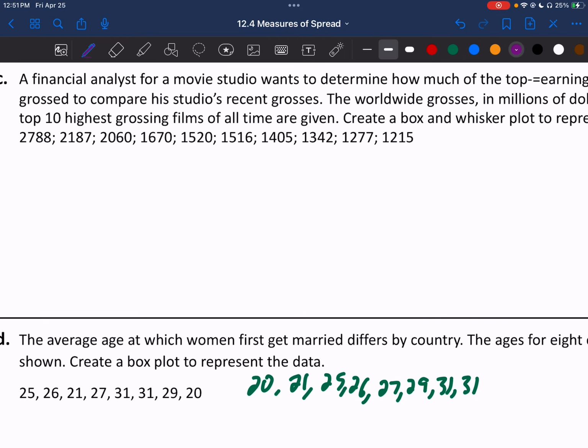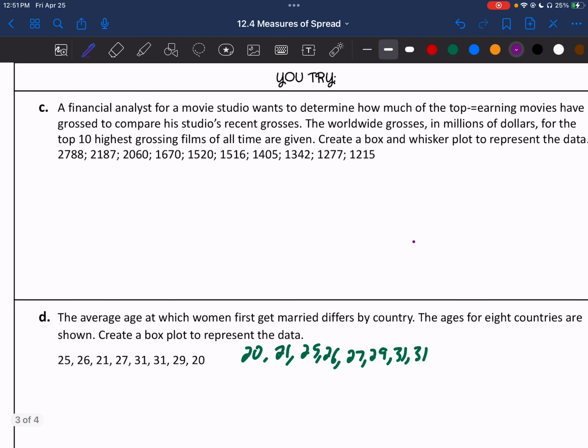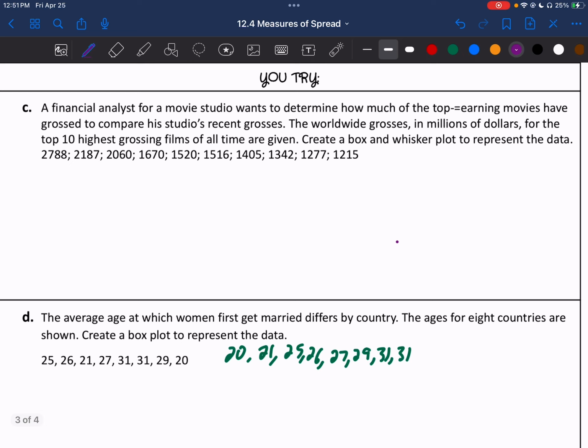Letter C, a financial analyst for a movie studio wants to determine how much of the top earning movies have grossed compared to the studio's recent grosses. The worldwide gross in millions of dollars for the top 10 highest grossing films of all time are given. Create a box and whisker plot to represent the data, and we're going to go ahead and see what it is.